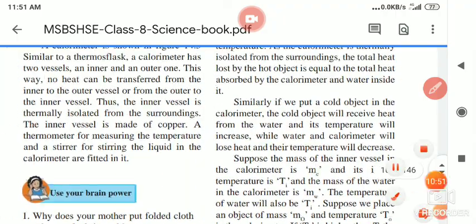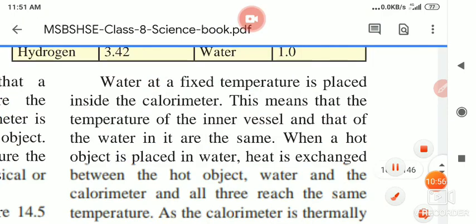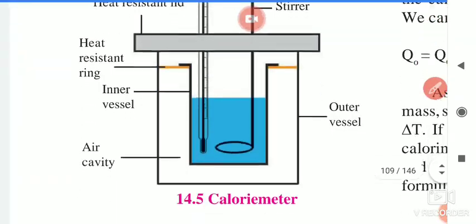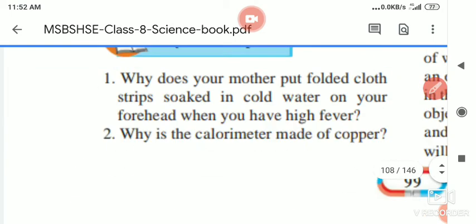Now the next point is, here it is given, water at a fixed temperature is placed inside the calorimeter. So inside the calorimeter, the water is kept at a fixed temperature. If you see here, this water is filled, and this temperature is fixed.